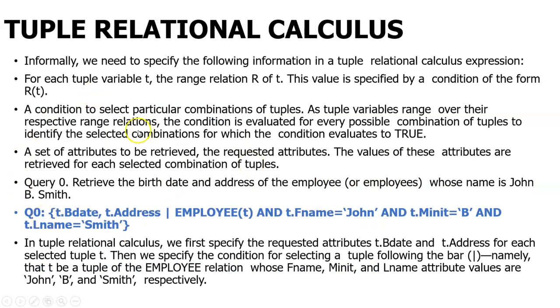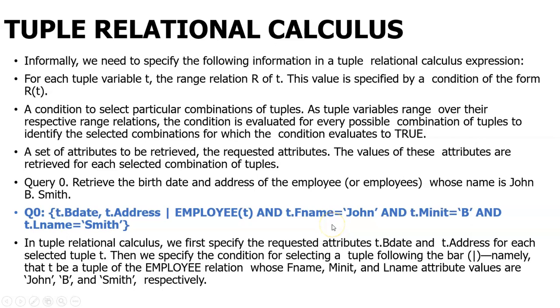This is another example I have made here. The query: retrieve the birth date and address of the employee whose name is John B. Smith, which means John is the first name, B is the middle initial, and Smith is the last name. What I want to retrieve is the birth date and address. So in tuple relational calculus, I mention the attributes T dot birth date, T dot address, followed by the table name and the condition I should follow.